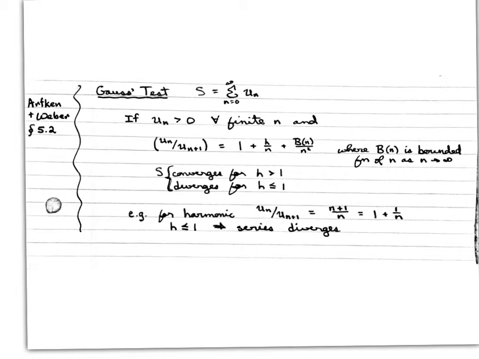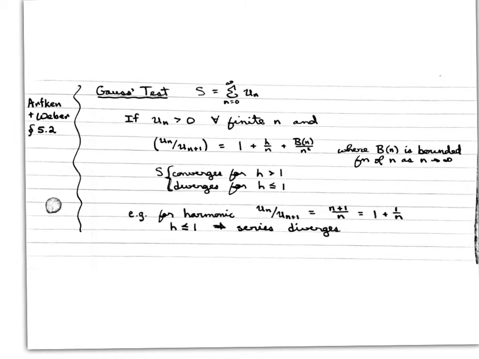Well, for the harmonic series, we form the ratio. First we check, are the u sub n's always positive? Yes, the harmonic series involves only positive numbers. Now for the harmonic series, the ratio u sub n over u sub n plus 1 is just equal to n plus 1 over n. And we can write that as 1 plus 1 over n plus, well, we don't need a 1 over n squared term.